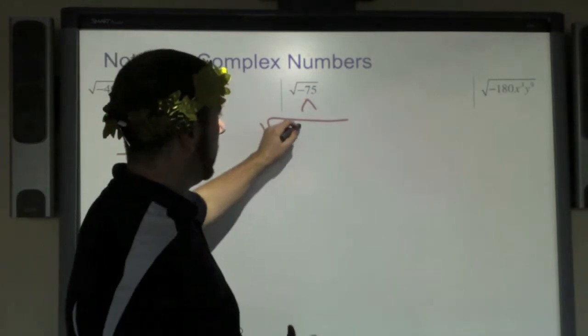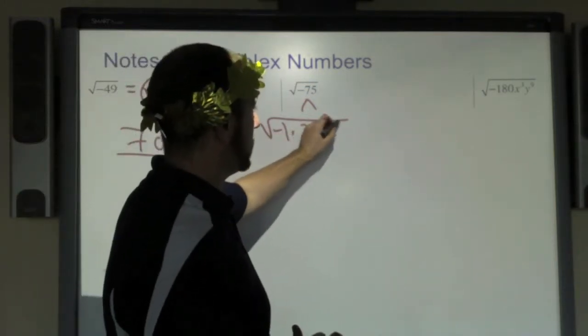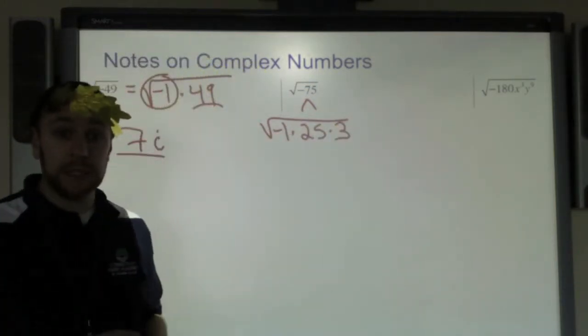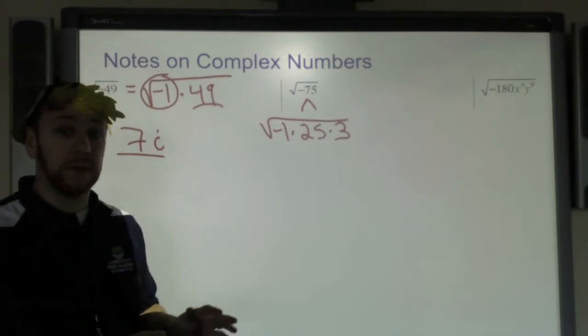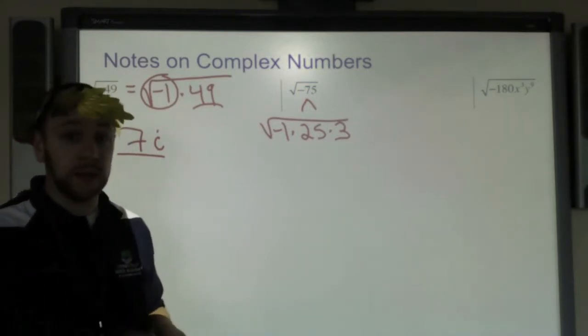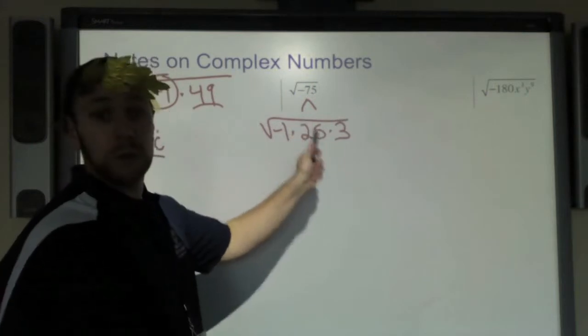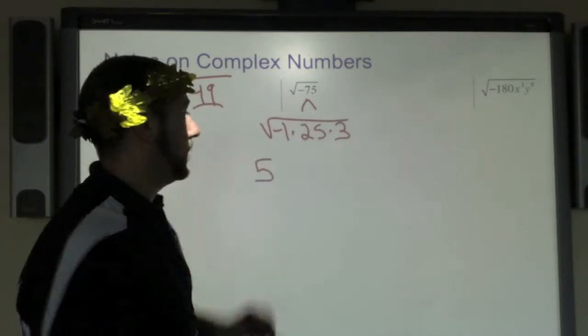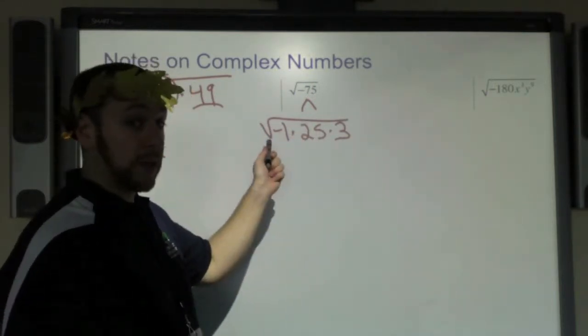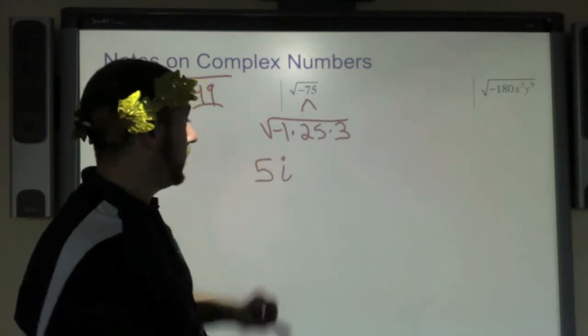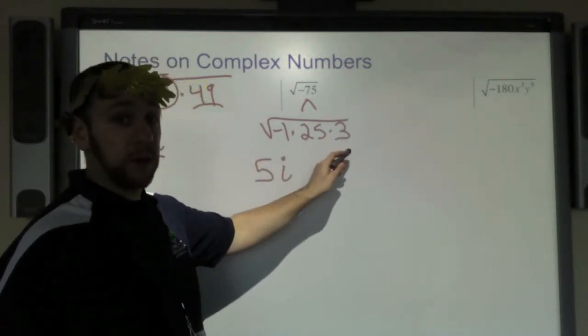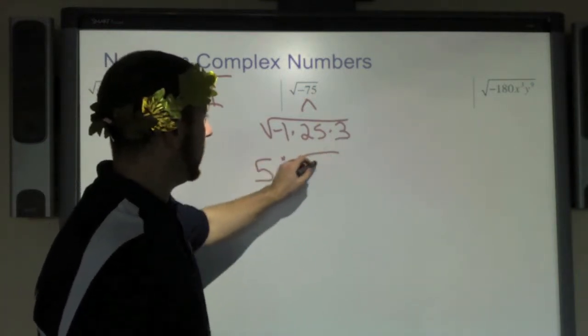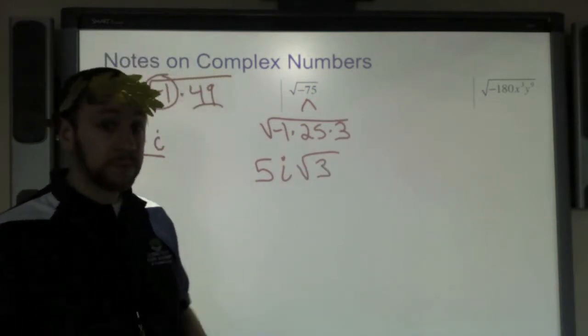The best thing you can do is write down those perfect squares from 1 to 15. Because I can find the square root of 25. That's 5. I can find the square root of -1. The one thing I can't find the square root of is 3. So I leave it inside the square root. And I'm done with that problem. 5i square root of 3.